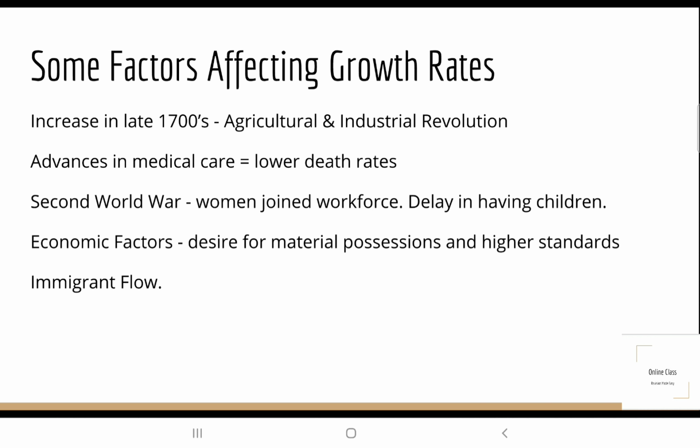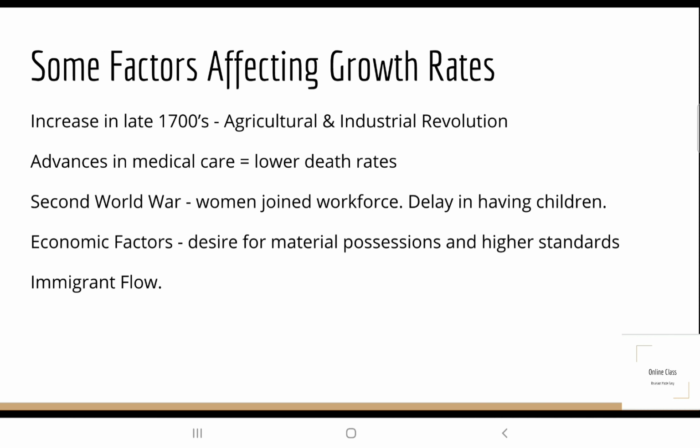As countries became more prosperous, they were able to support larger populations, and families with more than 10 children were common in the late 1800s. The death rate began to fall because of advances in medical care, and that led to what's called a population explosion because the birth rate was still quite high. That's the effect of the agricultural and industrial revolution from the late 1700s.